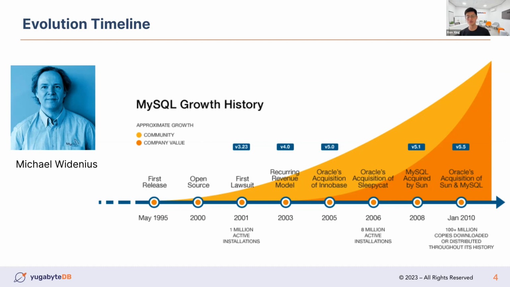It was not open source, but eventually it was still free for non-commercial use. A few years later, three people, Allan Larsson, David Axmark, and Michael Widenius, adopted it into a more robust interface. So they named it MySQL, and it was actually named after Widenius' daughter, My.